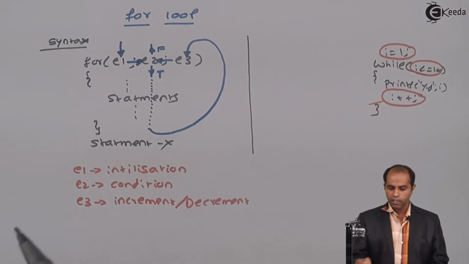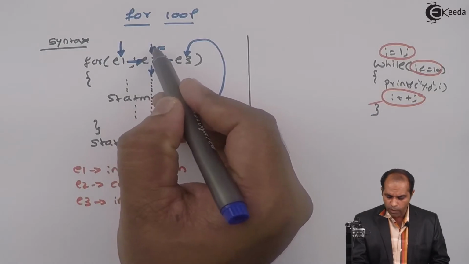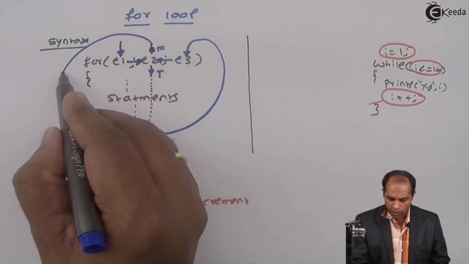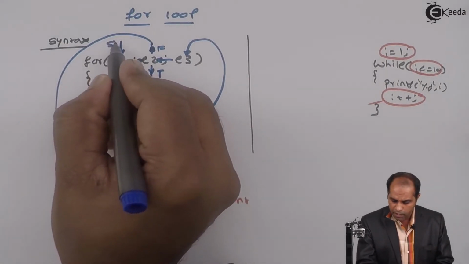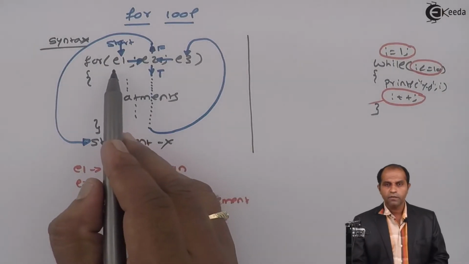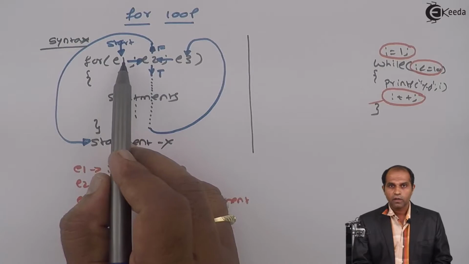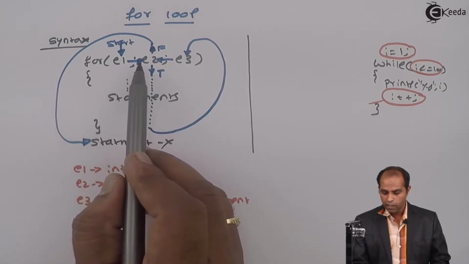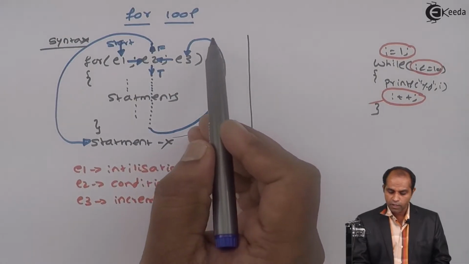At some point of time, the condition might turn out false. When the condition turns out false, it will automatically quit and rejoin at statement X. So this is my start point. With start, I started with E1 and then went to E2. Follow the arrows carefully. A for loop always starts with E1, then goes to E2, executes the statements, and then goes back to E3.